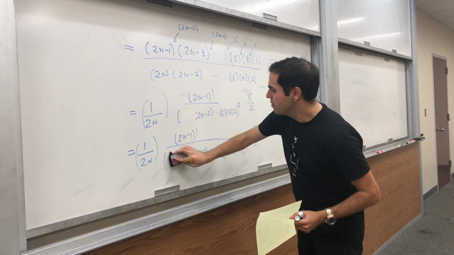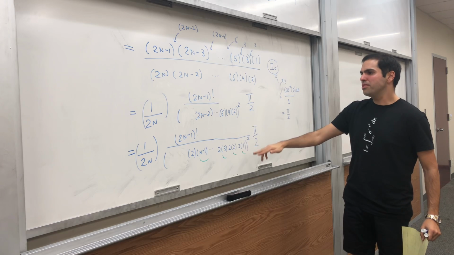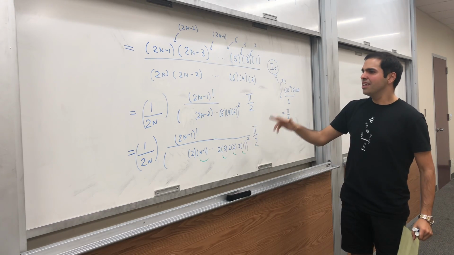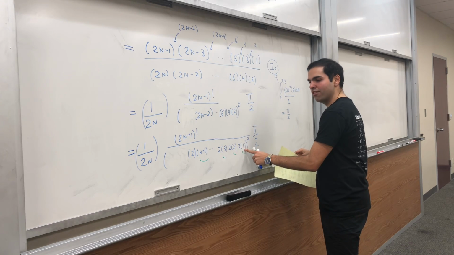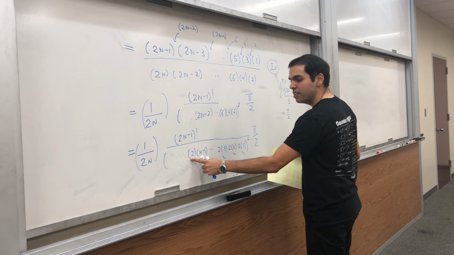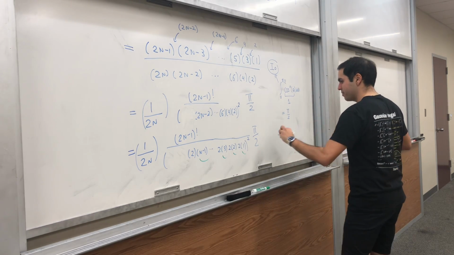Anyway, so we get 2 times n minus 1 times 2 times 3 times 2 times 2 times 2 times 1. And then at the end, here we get n minus 1 factorial. And then how many powers of 2? Well, just n minus 1.